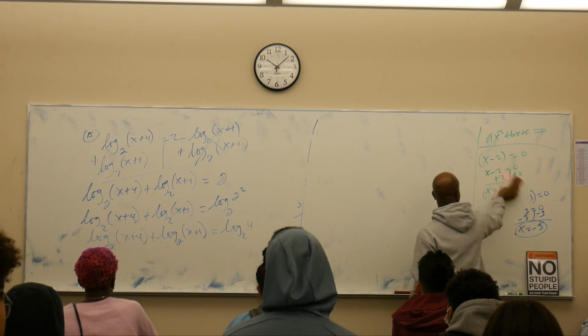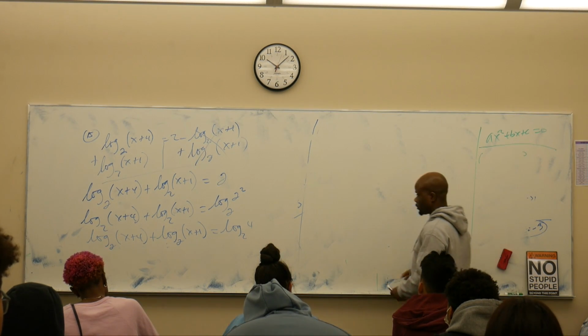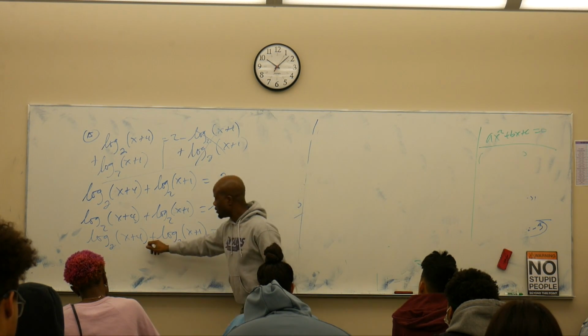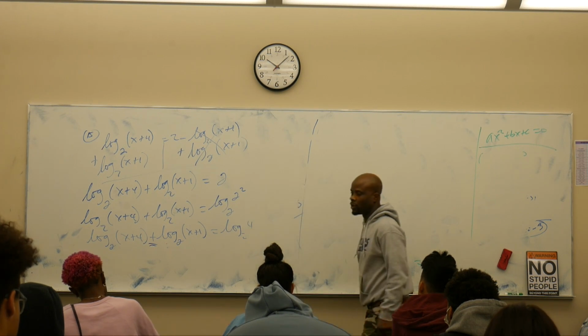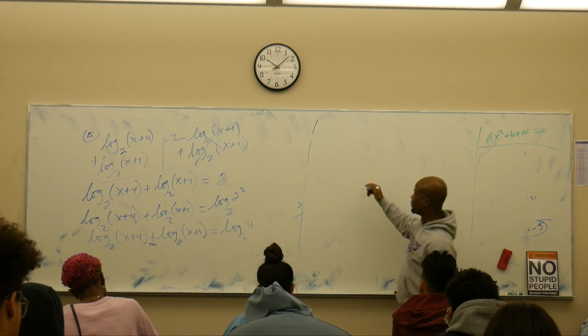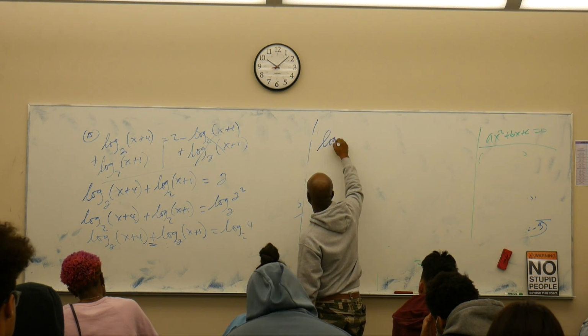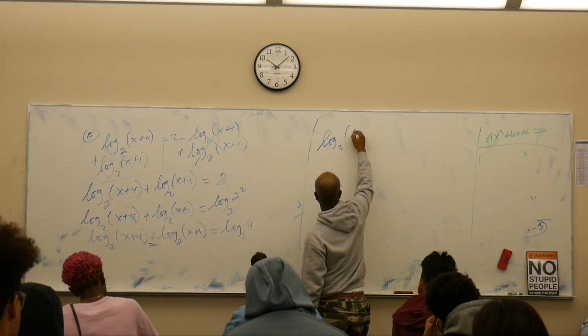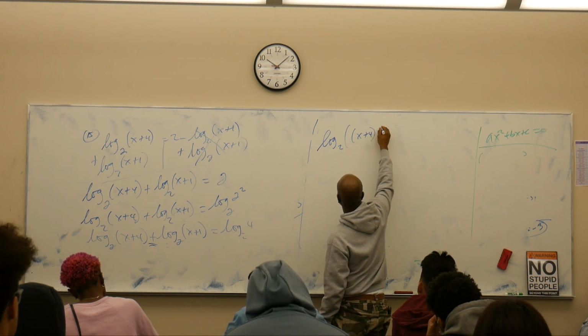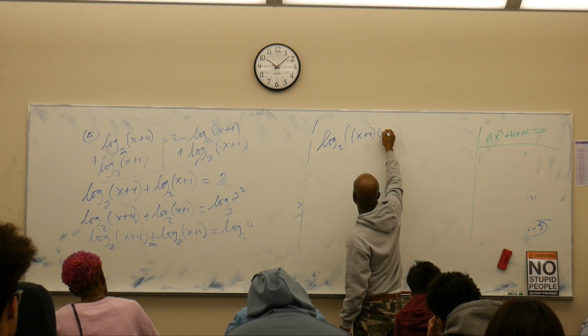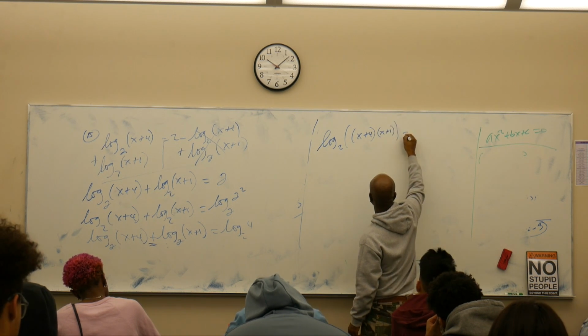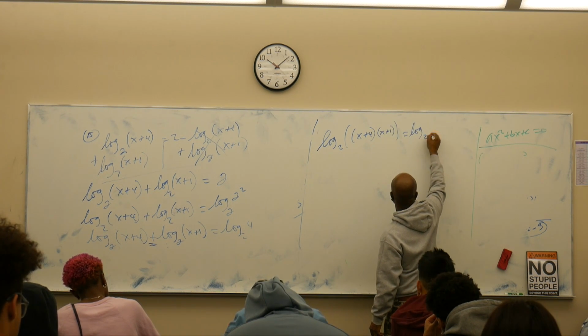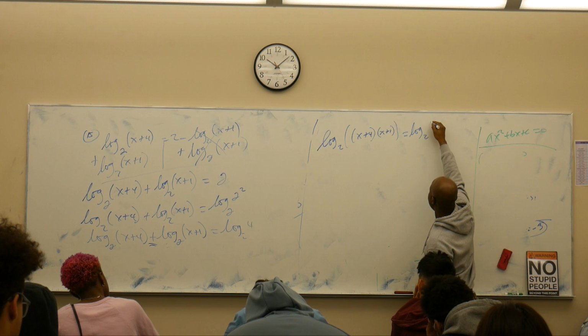We good? All right. So now from this end, we have an addition. So how do we condense it? It's a multiplication. So the log base 2 of x plus 4 times x plus 1 is equal to the log base 2 of 4.